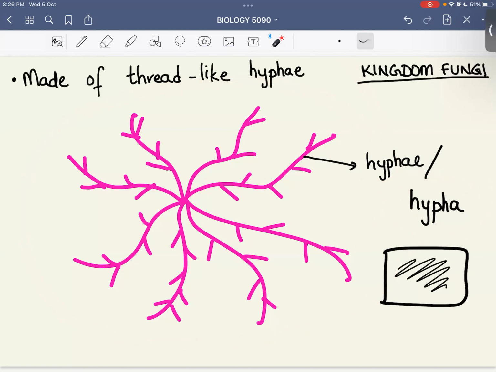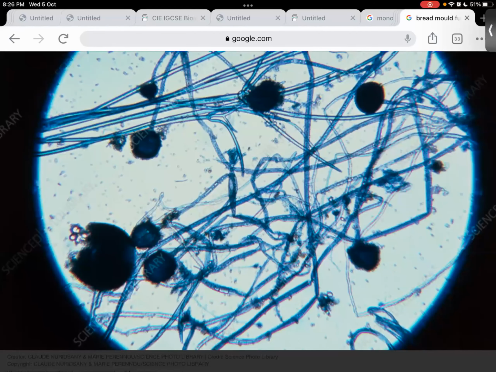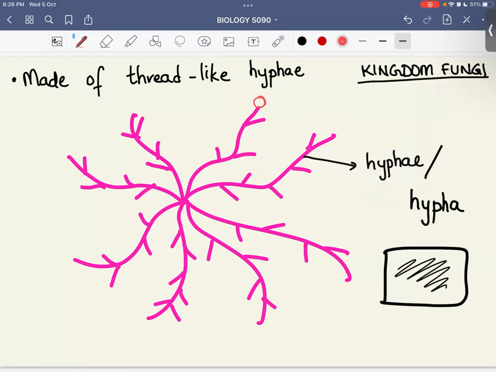In this diagram you can see that these hyphae also have these dark blue balls, which I did not draw. Let me draw them to make it more accurate. I'm making these ball shaped structures and I'll tell you what they are.